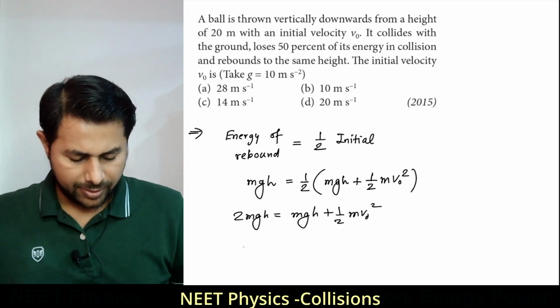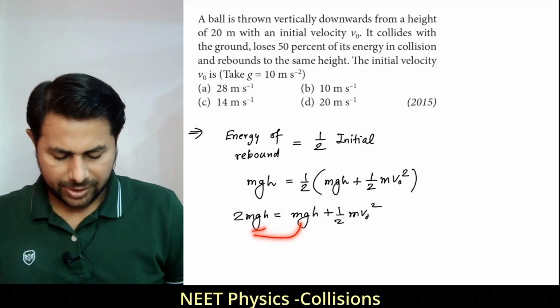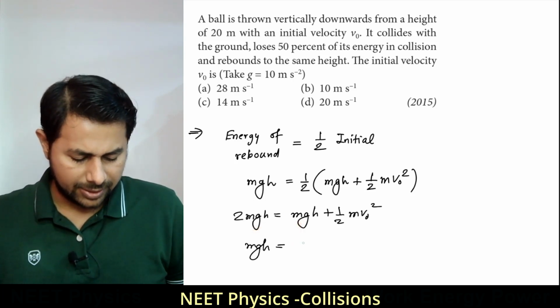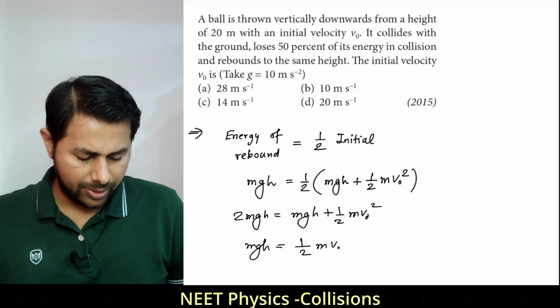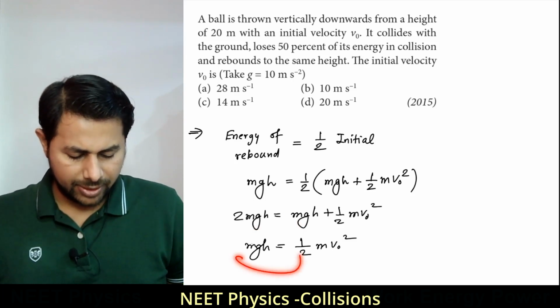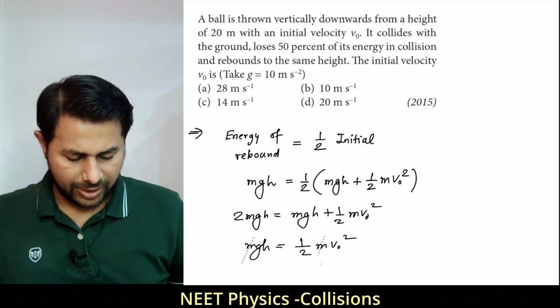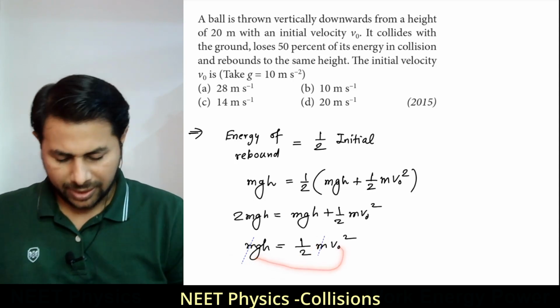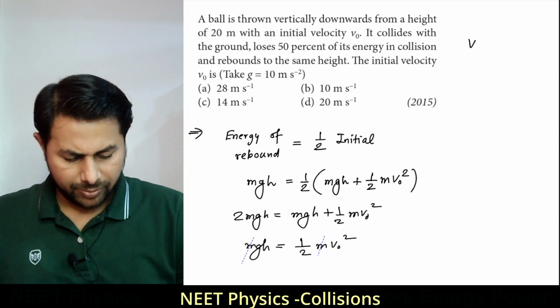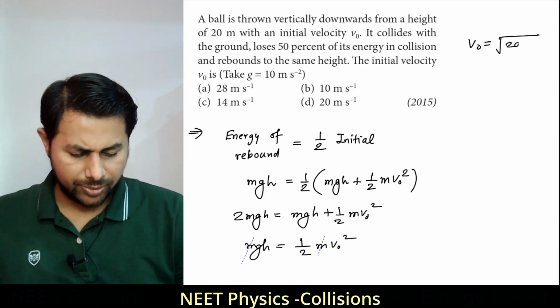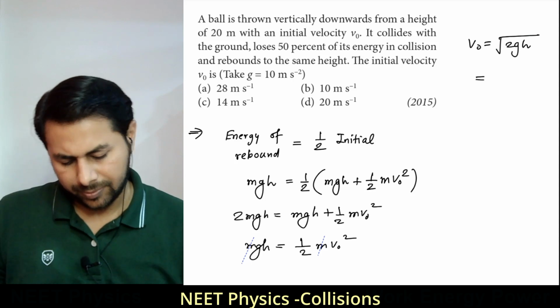Okay, or let me do that. So 2 mgh minus mgh is equal to mgh, that's equal to half of m into v0 square. Move this 2 on this side, cancel out m and m. So you get v0 square is equal to 2gh. That means v0 is just equal to square root of 2gh. This is the answer.